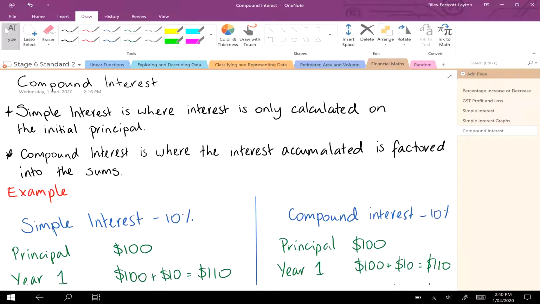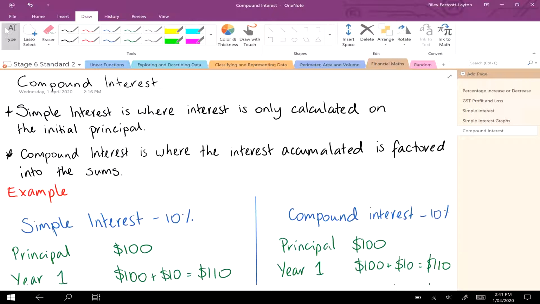So if I was talking about $1,000 invested in a bank account at 10%, and that interest was added every year for 5 years, so 10% of $1,000 is $100. What that means is at the end of each year, we would have $100 added to our bank account. So we'd ultimately end up with $1,500 after 5 years.